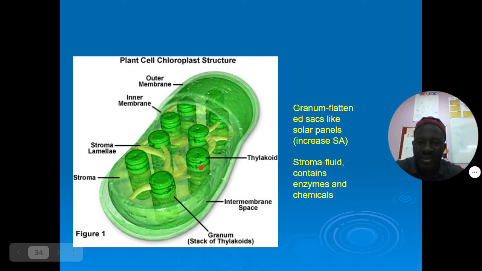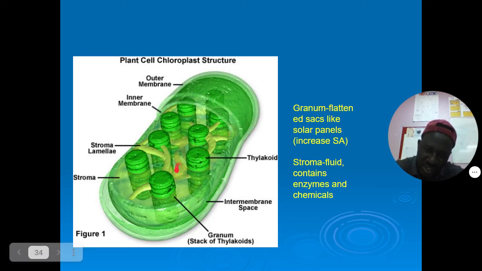These are joined together by the thylakoids, or intergranal thylakoids, which you can call stroma lamellae. So the fluid here is the stroma. This is the inner membrane, this is the outer membrane, and that's how it looks.